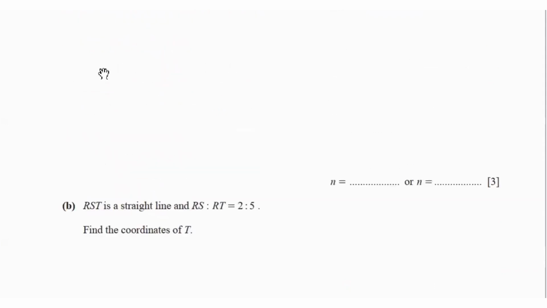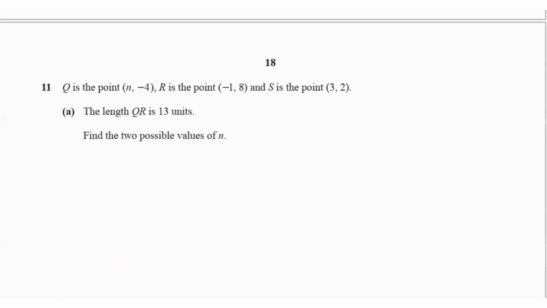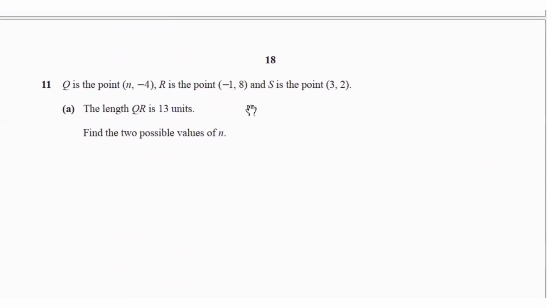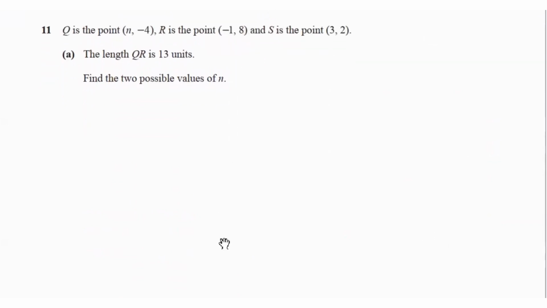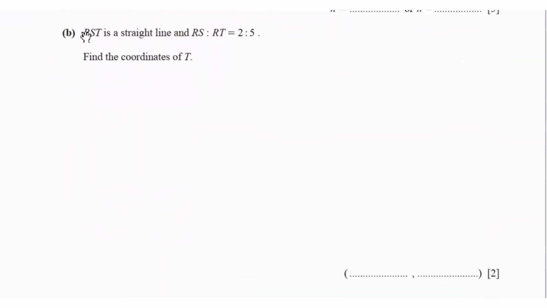Then it says RST is a straight line and RS to RT is 2:5. Find the coordinates of T. We have the coordinates of R and S. R is (-1, 8) and S is (3, 2). RST is a straight line.